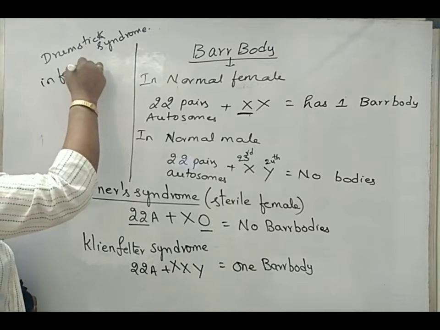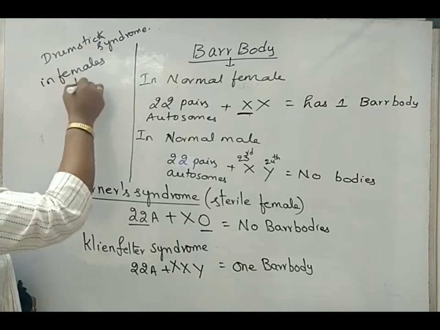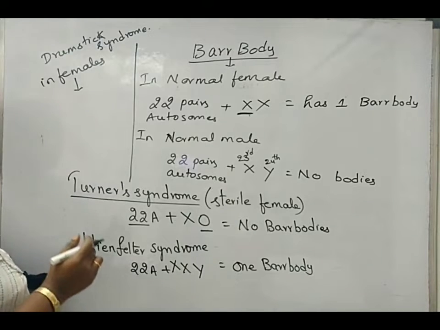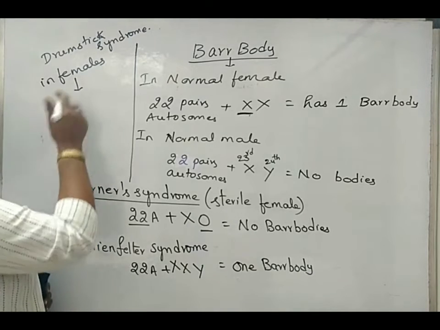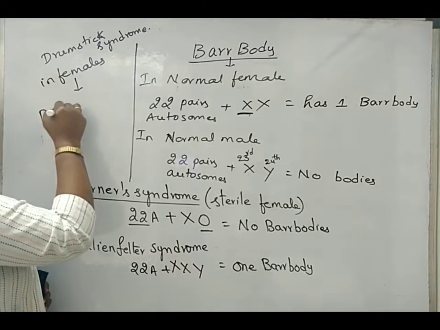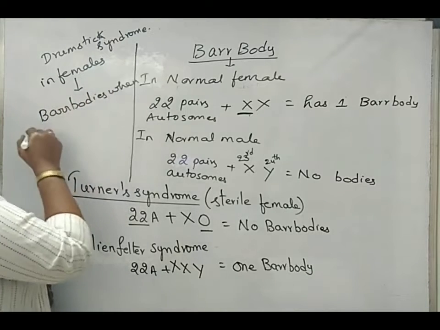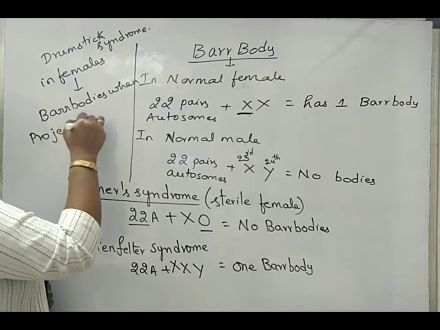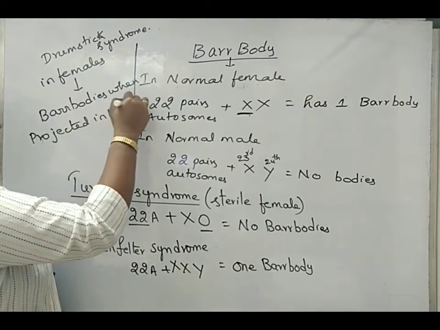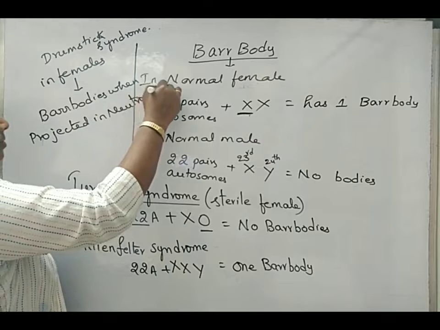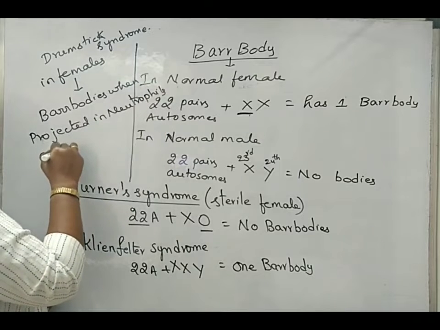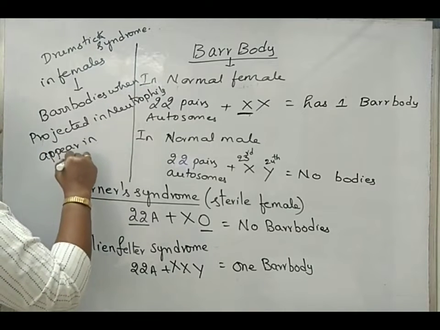In females also, we can see BARR bodies in drumstick syndrome. Here, BARR bodies, when projected in neutrophils, appear in drumstick shape.